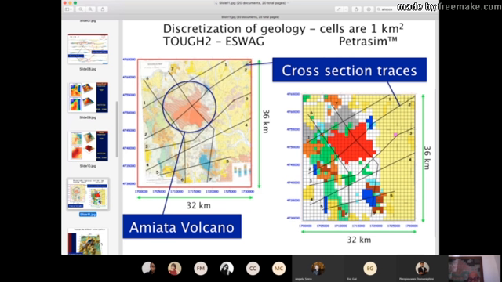However, there is a limiting number of cells that you can use in TOUGH2, and that is a few tens of thousands of cells. So there is not a lot you can do to discretize the geology to very fine geology. You have to go to some coarse kind of geology.